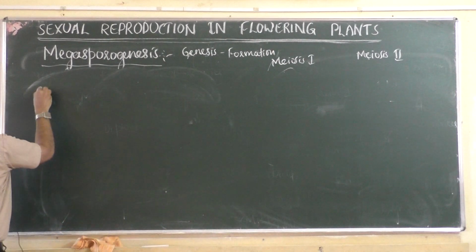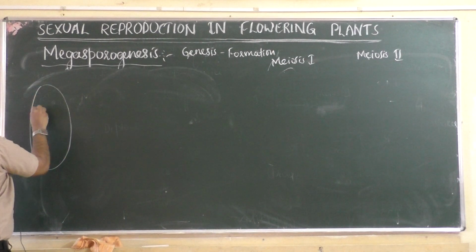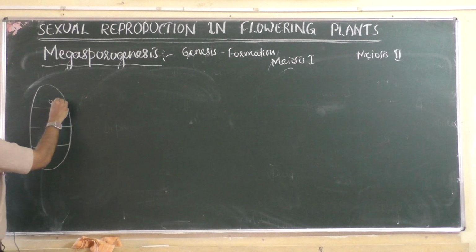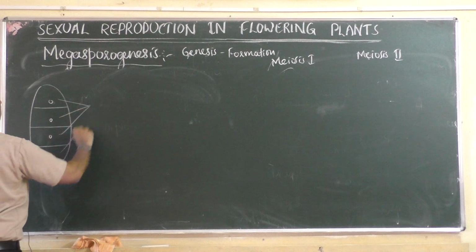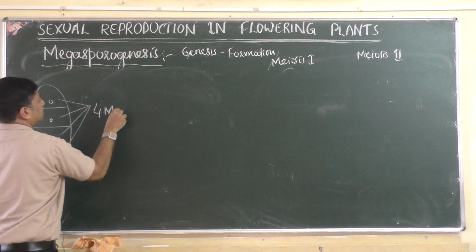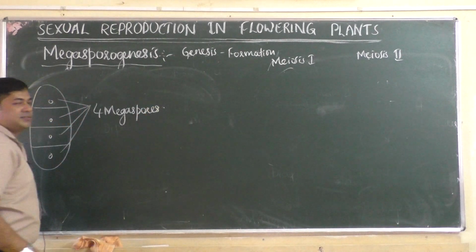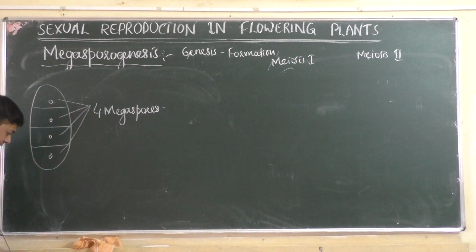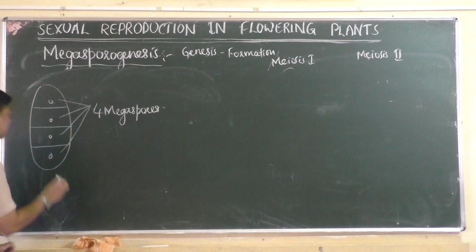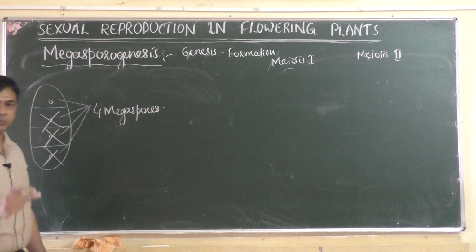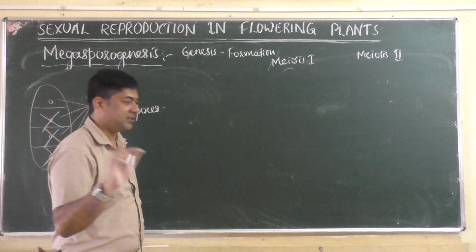I'll repeat. 4 megaspores are produced. Out of these 4 megaspores, 3 will disintegrate. It becomes smaller and smaller, finally disappears.